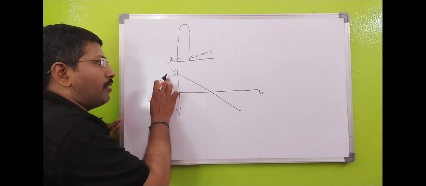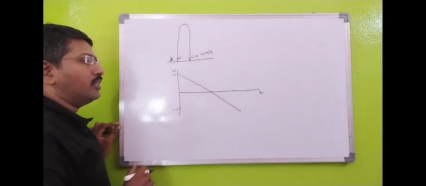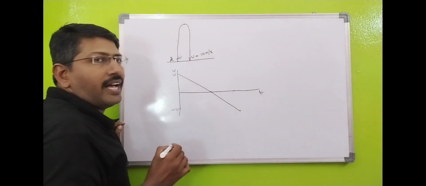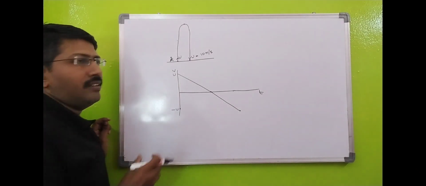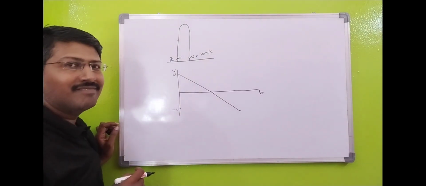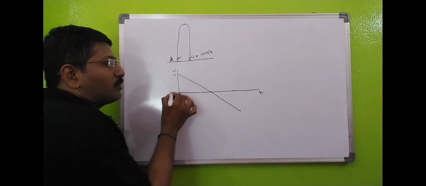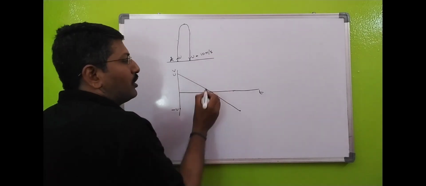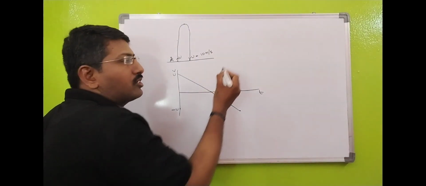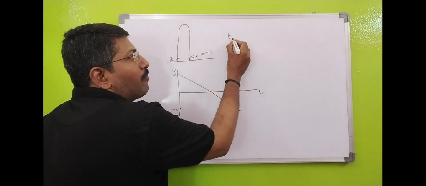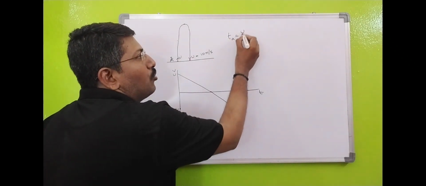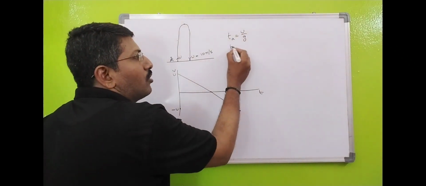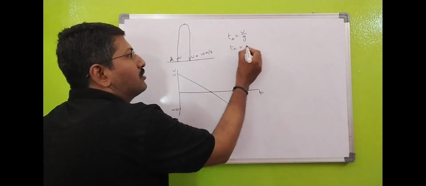Now they are asking, what is the displacement? See here, at what time is velocity 0? That means the time of ascent equals u by g. So u is 10, g is 10, this cancels, 1 second.